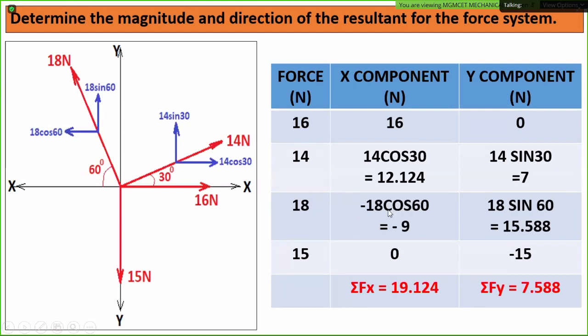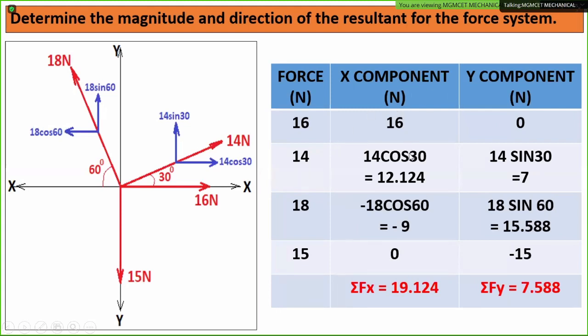That's why the x component of the 18 Newton force will be minus 18 cos 60, that is minus 9 Newton. The y component, 18 sin 60, is acting in the upward direction, so the upward y component will be positive. And this is nothing but 15.588.